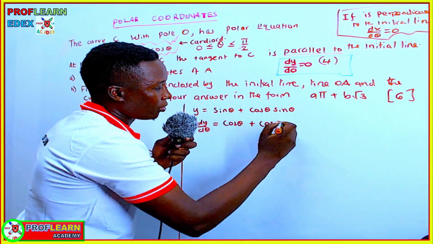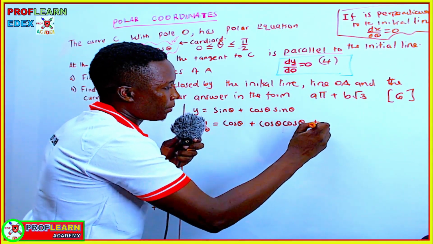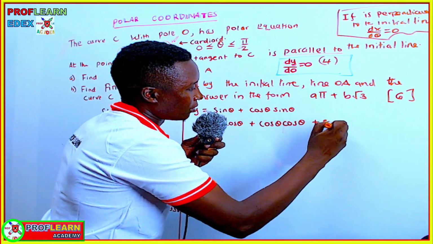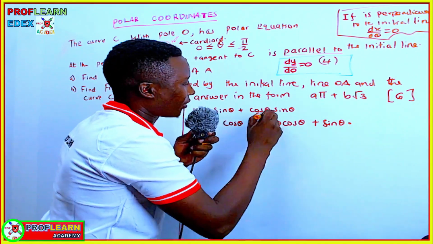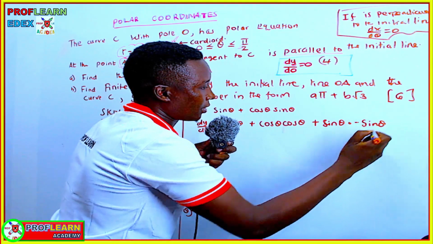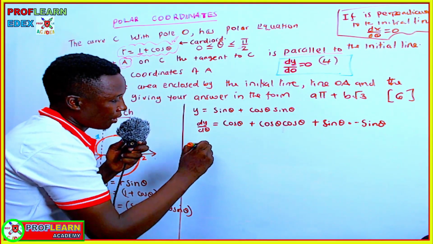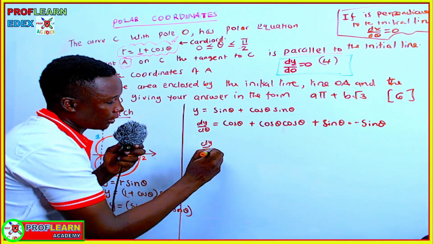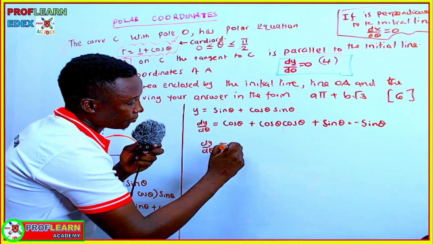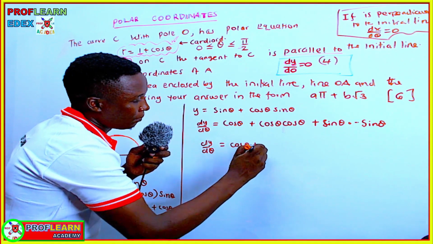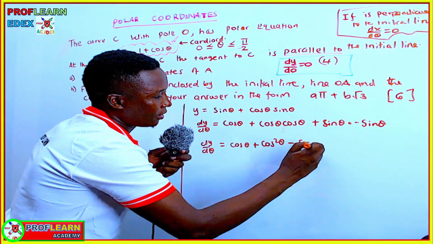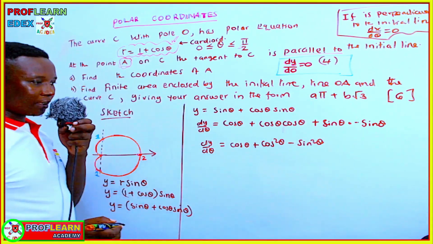Differentiating sine theta gives cos theta, then plus, keeping cos constant and differentiating sine, we get cos theta times cos theta, then plus, keeping sine constant and differentiating cos, we get negative sine theta times sine theta. So dy/d theta is cos theta plus cos squared theta minus sine squared theta.